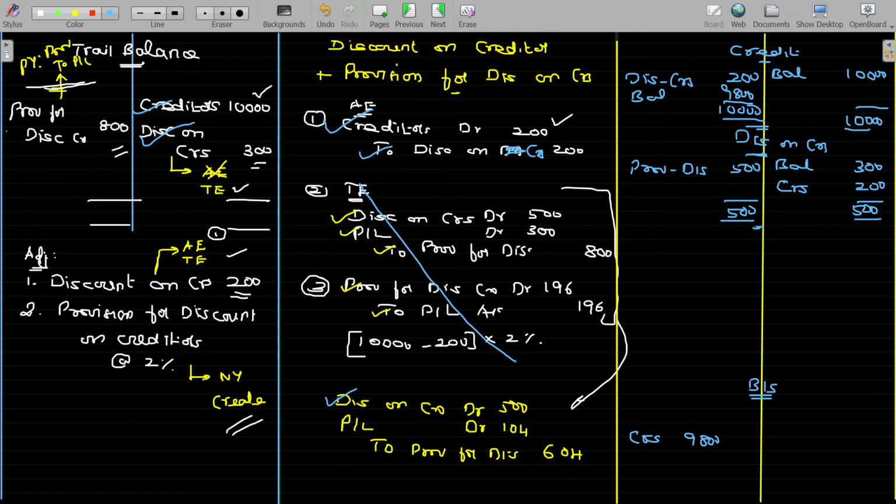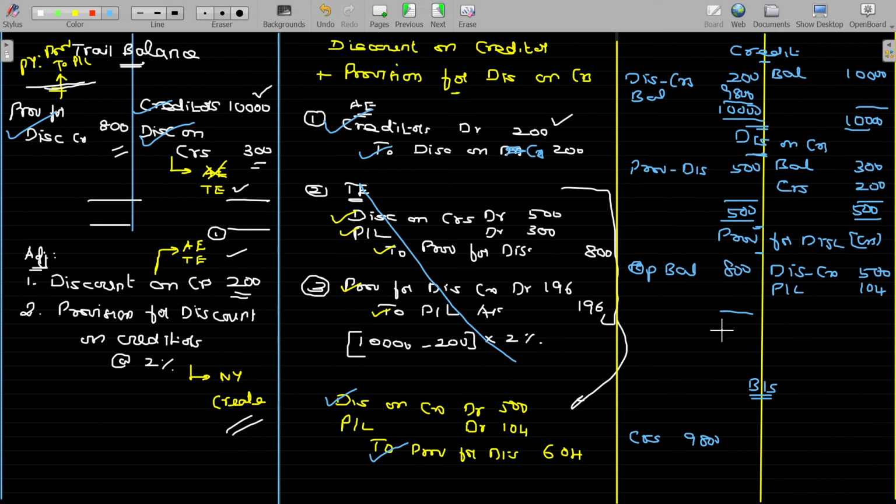Then we have to open the provision for discount on creditors account. Start with the balance in the debit side, so opening balance, the value being 800. And here provision for discount on creditors is in the credit side, so by discount on creditors, value being 500. Profit and loss, the value being 104.